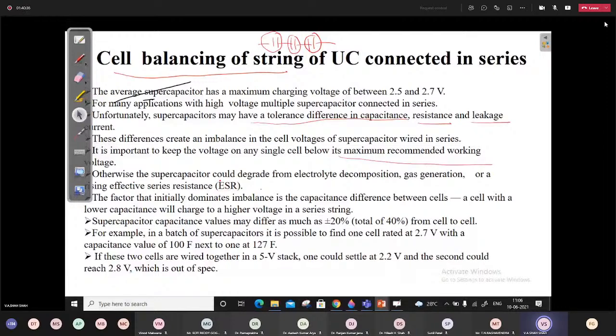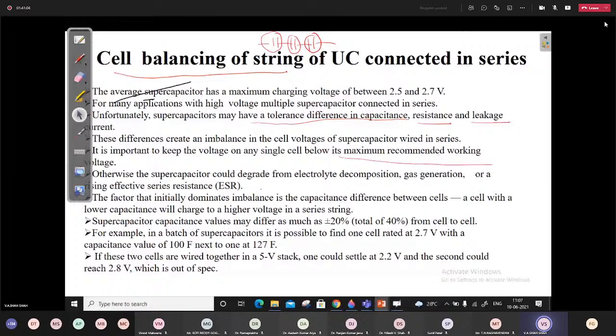So that's why we have to go with the procedure which I am telling you. The factor that initially dominates imbalance is the capacitance difference between the cells. A cell with a low capacitance will charge to a higher voltage in a series string. That means capacitors with lower capacitance will charge faster than those with higher capacitance.